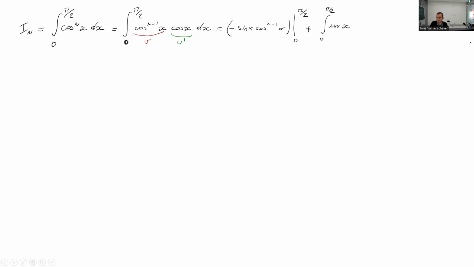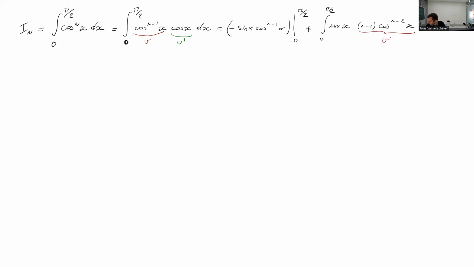And then times the derivative of v, so n minus 1 cosine n minus 2 x dx. Where does this come from?